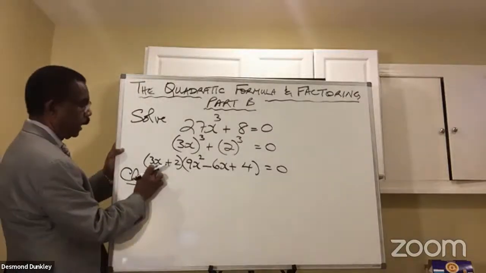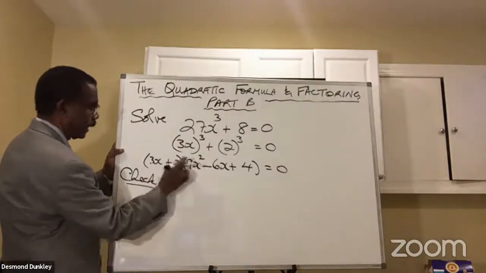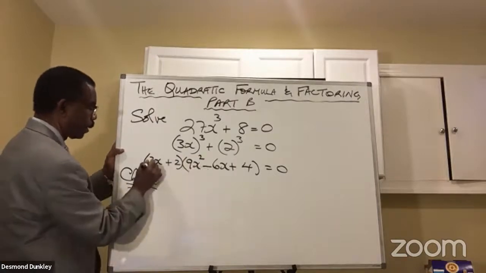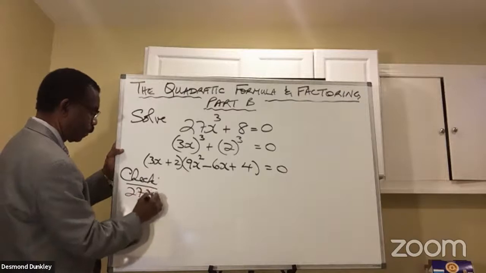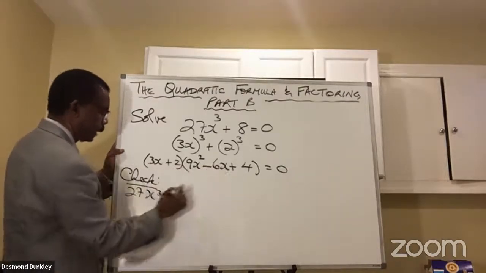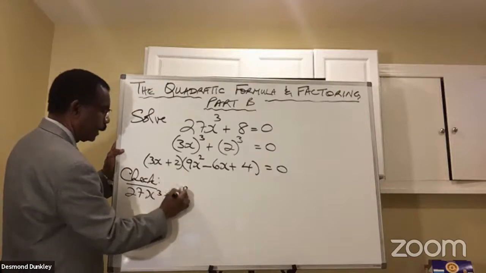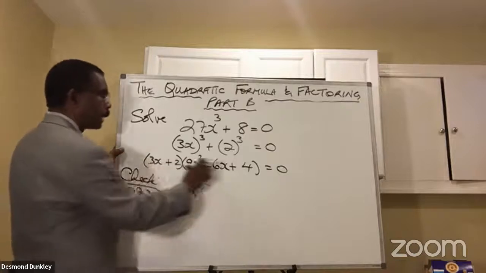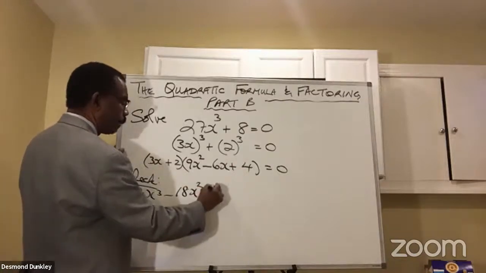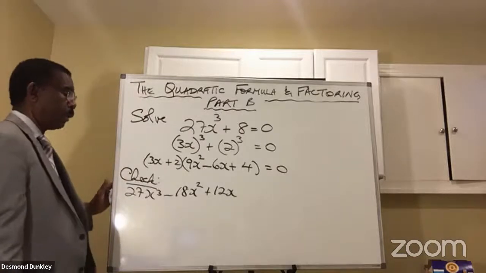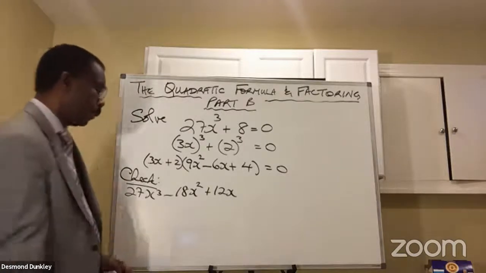Let's go. 3x times 9x squared is 27x cubed. 3x times negative 6x is negative 18x squared. 3x times 4 is positive 12x. Let me quickly double check to make sure.